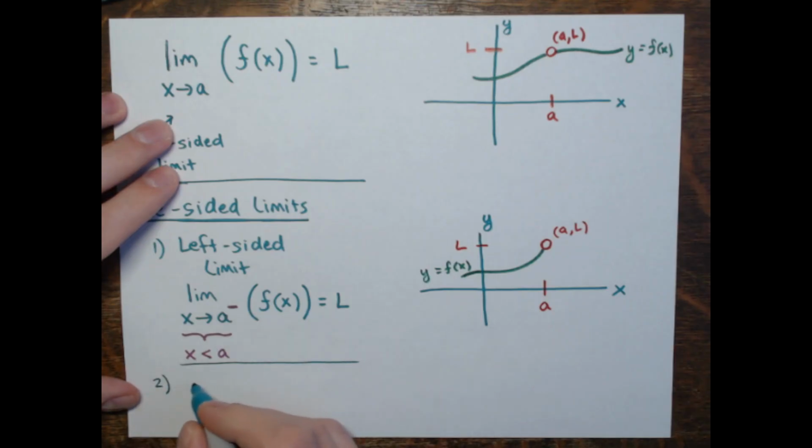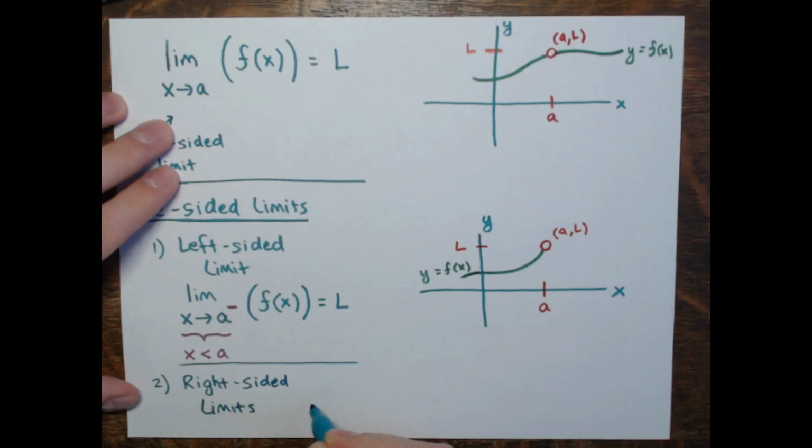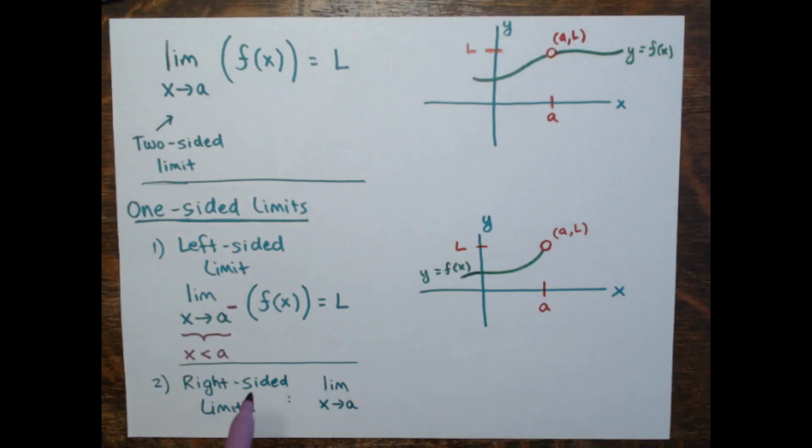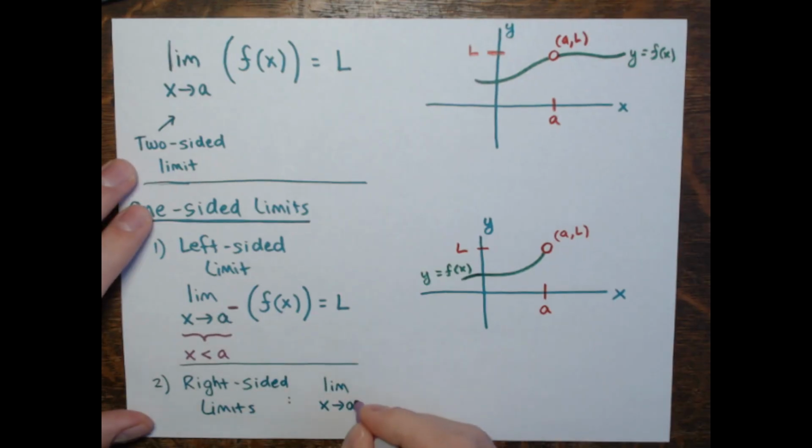And then you have, we squeeze this in here, right-sided limits. The notation is the limit as x approaches a, but instead of a little minus above the a, you see a little plus sign above the a.